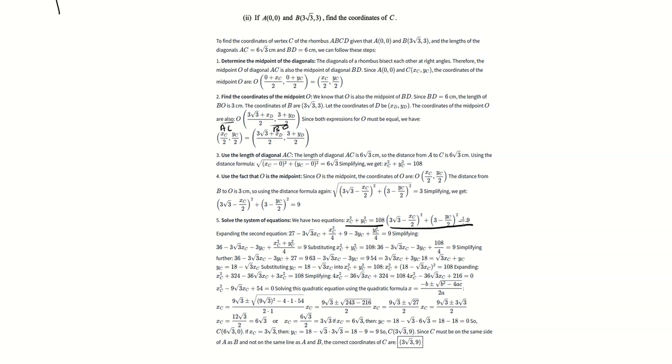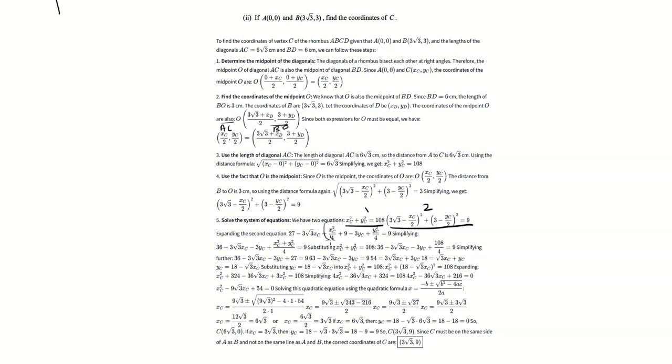I can use both of these equations to solve for xc and yc. First I'm going to work with the one on the right, equation number 2, and expand it. 3 root 3 minus xc over 2 squared, plus 3 minus yc over 2 squared, equals 9.